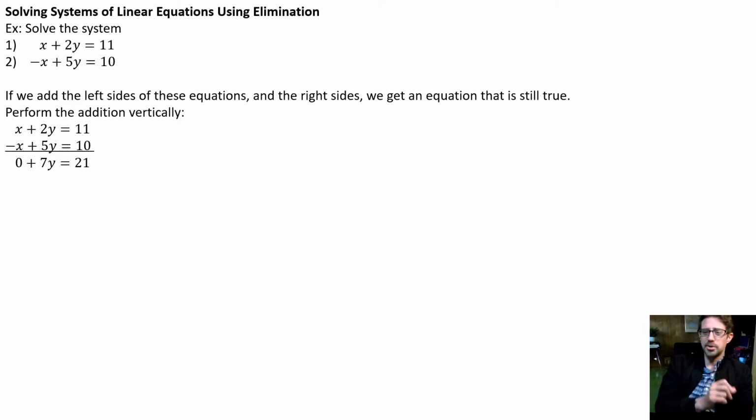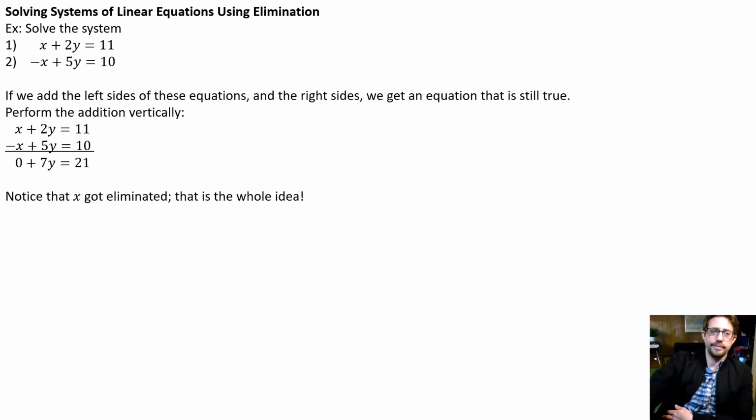So this is also sometimes called the addition method. Some people may teach this to you where you subtract the equations sometimes. I find it's easier just to say you're always adding them. But one of them has to go away when you do that. And by one of them, I mean one of the variables. So in this one, we happen to just knock x out. That's the whole idea here.